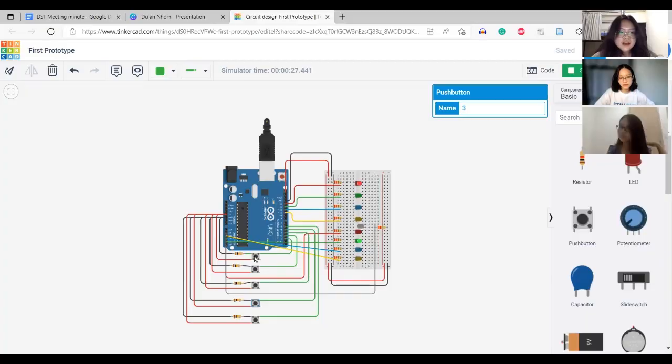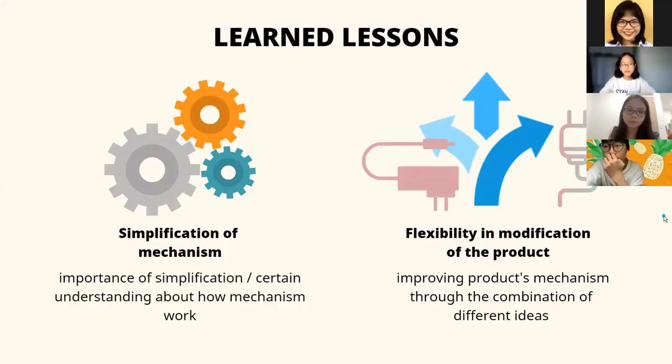Okay, that's it. After building the different versions of the prototype, there are some lessons that we have learned from our experience. There are two main lessons. The first one is how to simplify the mechanism.